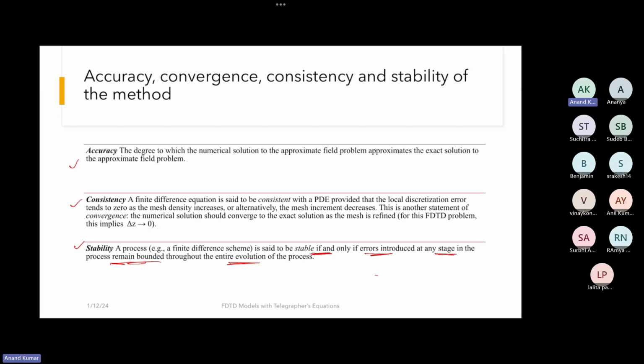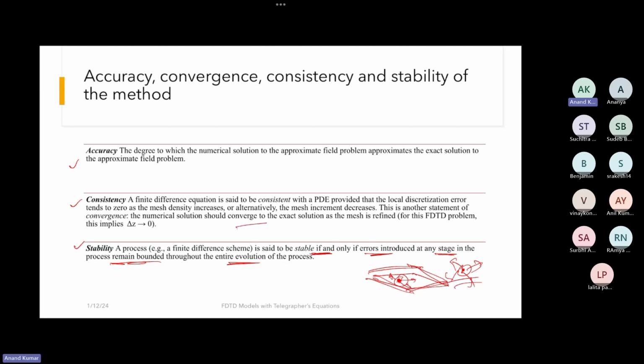For example, if you incur an error at a particular mesh point, and if it does not propagate to all the other points, you can say that the problem is stable. But if you encounter an error at this particular node, and if it propagates to all other nodes, it means that your code is not stable.